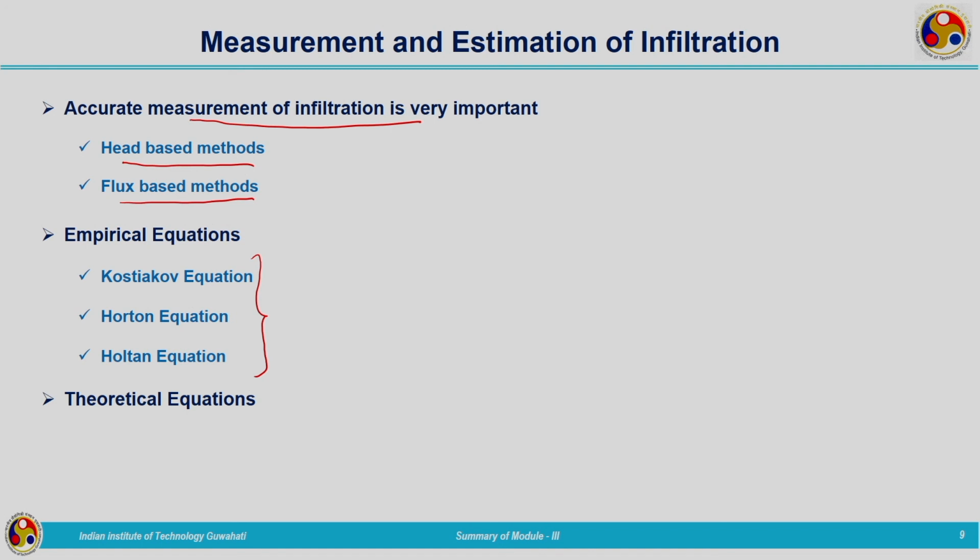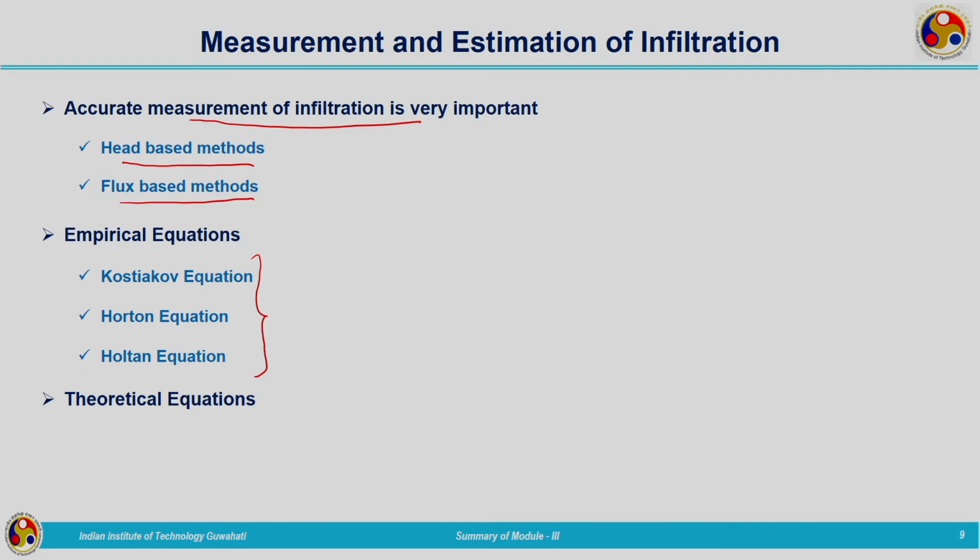When you go through different journal papers, you can see different methods. So many methods are available, but the important methods which are explained in the textbooks we have covered over here. After that, we have moved to theoretical equations. Theoretical equations are derived based on the fundamental laws, that is the mass conservation and momentum conservation principles. Those two equations which we have seen were the Green-Ampt equation and the Philip equation.